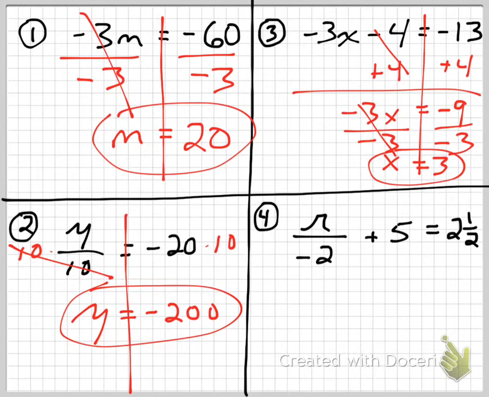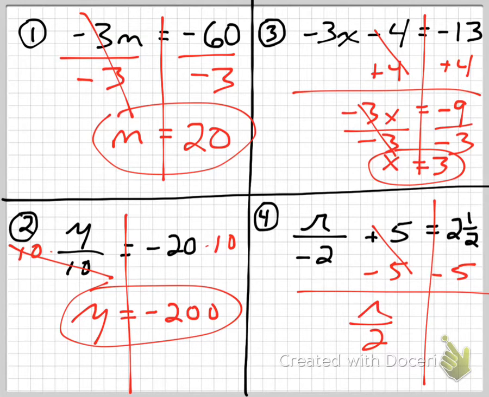Number 4. We have a fraction here. -5 minus 5. R over 2 equals, what is 2.5 minus 5? It's -2.5. Okay. Times by 2, times by 2. They're gone.